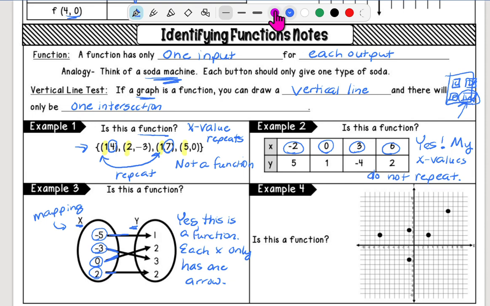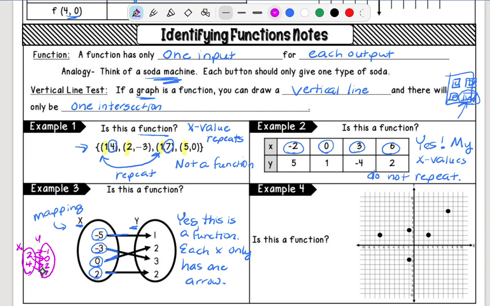Now let me give you an example of where it's not a function. I'm going to draw a squished little mapping over here. This is going to be my x values, so let's say I've got 2 and 4 here. And my y values, let's say I'm going to put -1, 0, 2, and 7. For it not to be a function, you might see something like this: that 2 goes to -1 and it also goes to 0, and maybe it also goes to this 2.